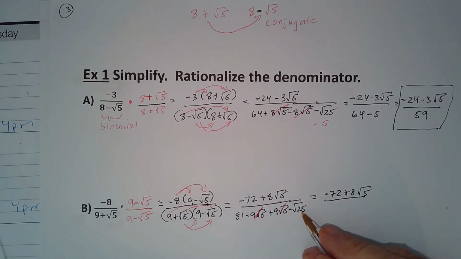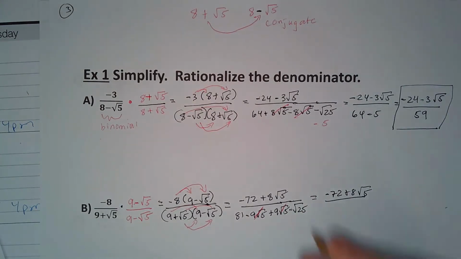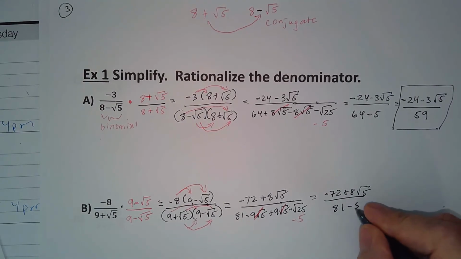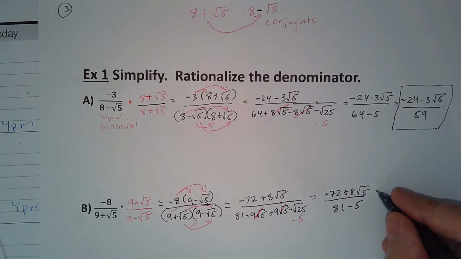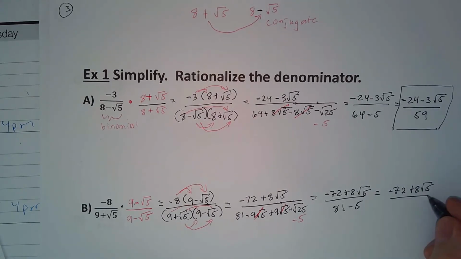And square root of 25 is 5, so because there's a negative sign in front of it, it is negative 5. So that rewrites as 81 minus 5. And that simplifies to negative 72 plus 8 square root of 5 divided by 76.